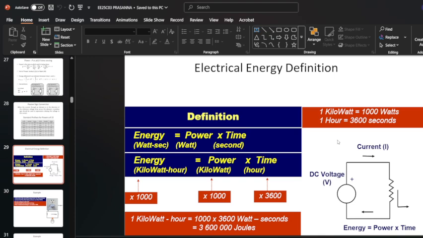We know the power value is 1000 and the time value is 3600.